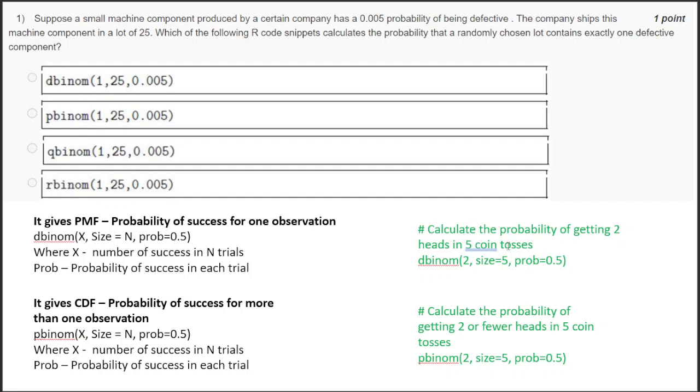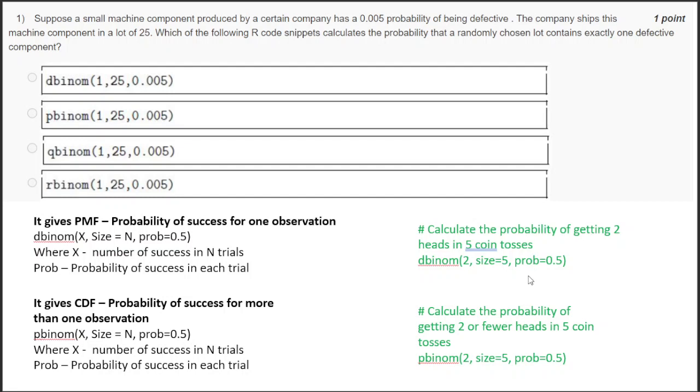Calculate the probability of getting two heads in 5 coin tosses. So dbinom, number of successes in n trials. Number of successes is 2, trials is 5. The probability of success to get heads in each trial is 0.5.